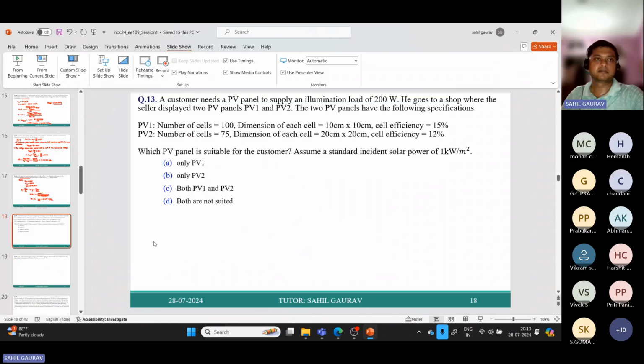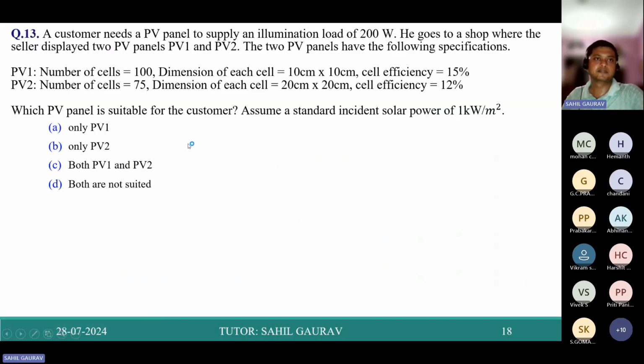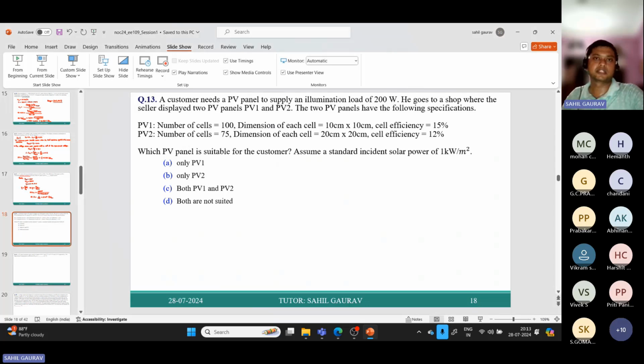Now come to the next problem. Here, a customer needs a PV panel to supply an illumination load of 200 watt. He goes to a shop where the seller displayed two PV panels, PV1 and PV2. PV1 has 100 cells, the dimension of each cell is 10 centimeter into 10 centimeter, and cell efficiency is 15%.